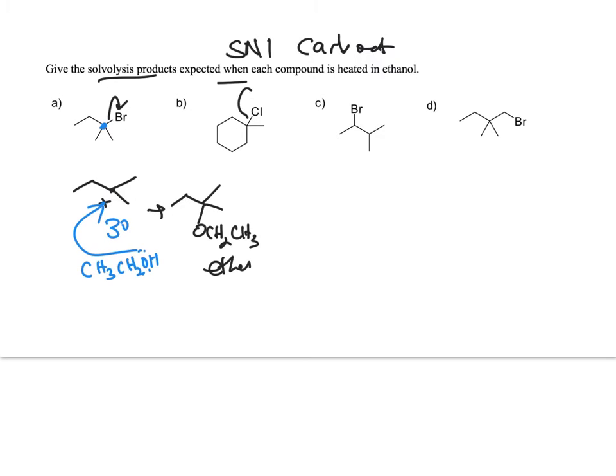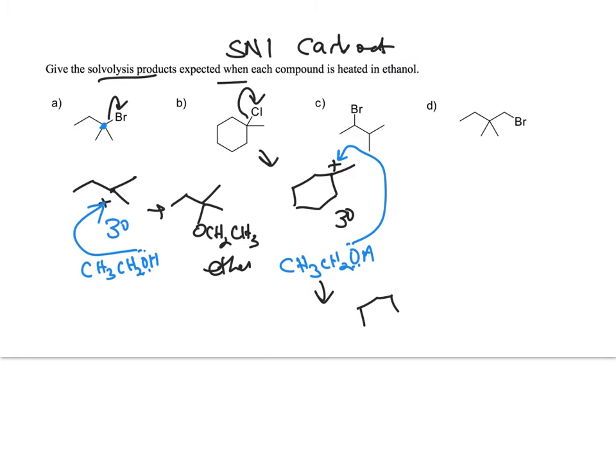Okay, here, chlorine leaves. You get your carbocation. This is a tertiary. So then you have ethanol that comes in, and you get another ether.